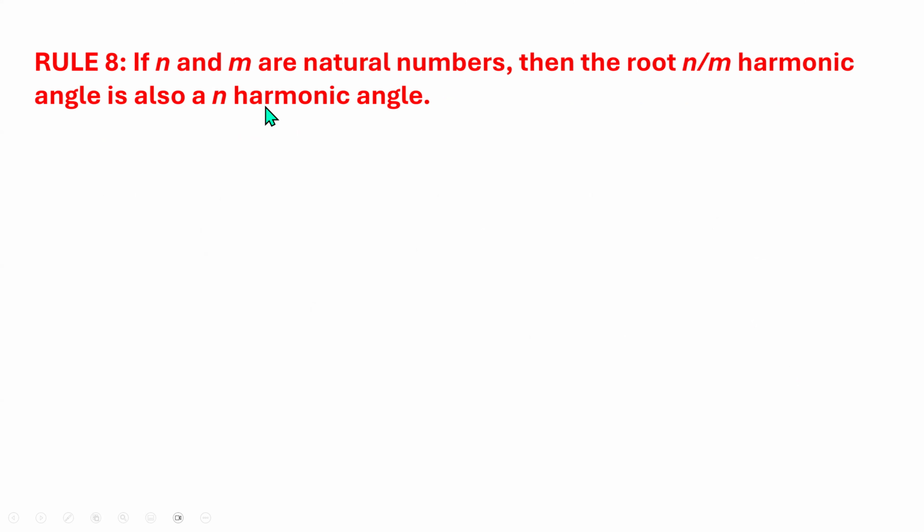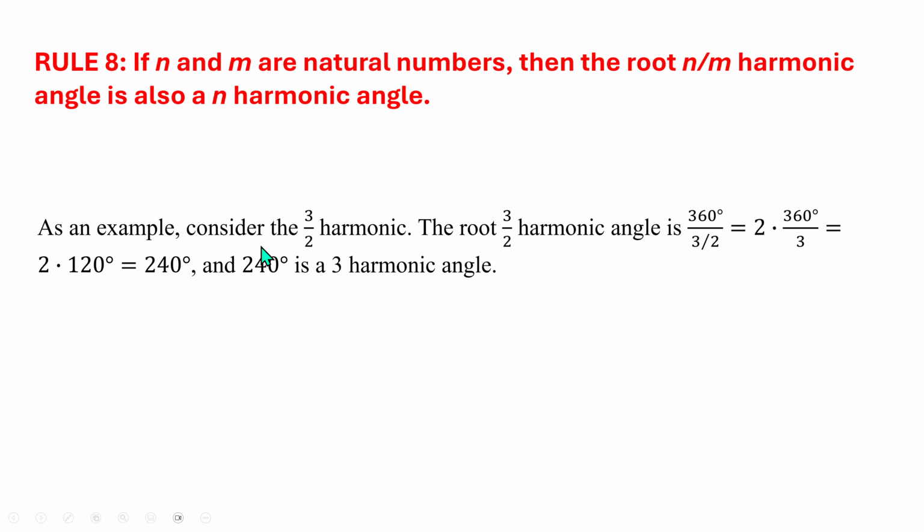Okay, rule 8. If n and m are natural number harmonics, then the root n over m harmonic angle is also an n harmonic angle. Now this means basically that we can reduce rational number harmonics back to natural number harmonics. As an example, let's consider the 3/2 harmonic.